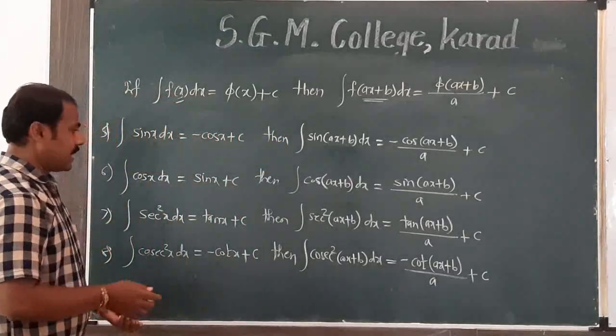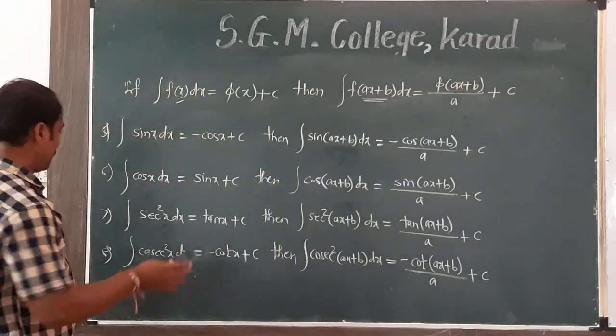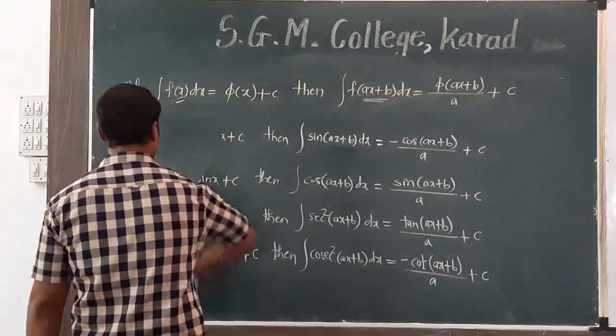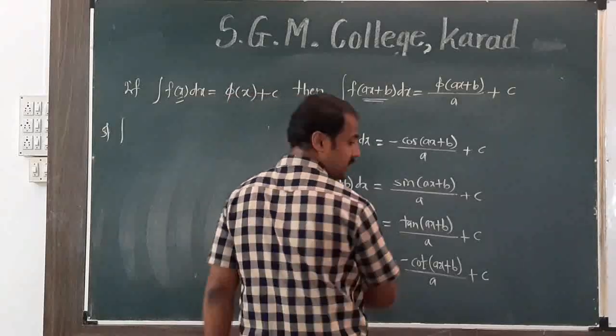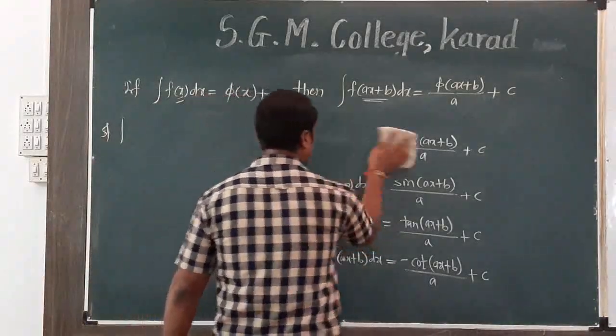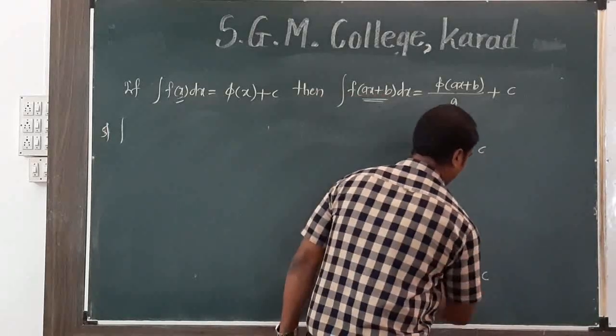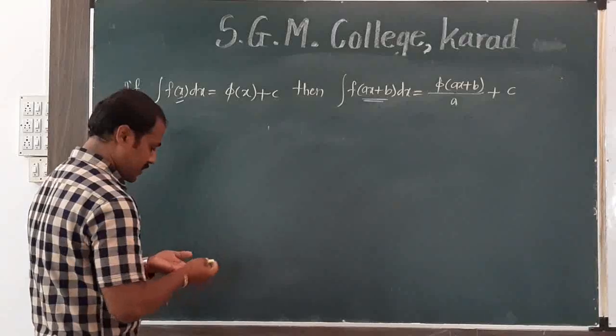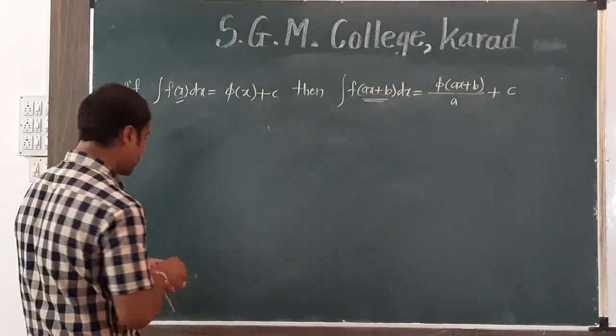Next, we know that integration of sec x into tan x is sec x, and we find the formula for integration of sec of ax plus b into tan of ax plus b.